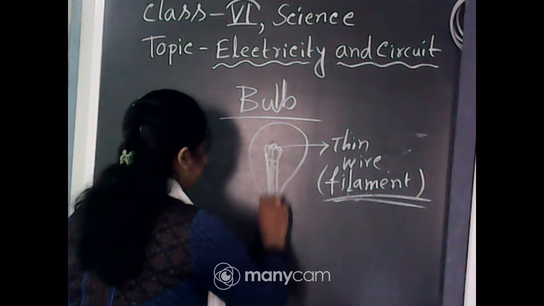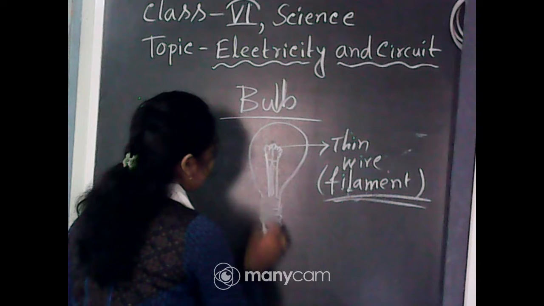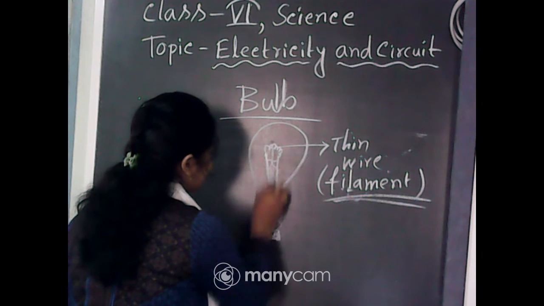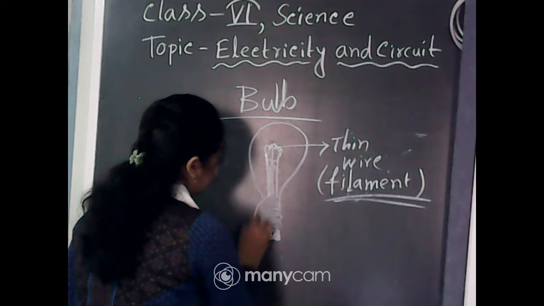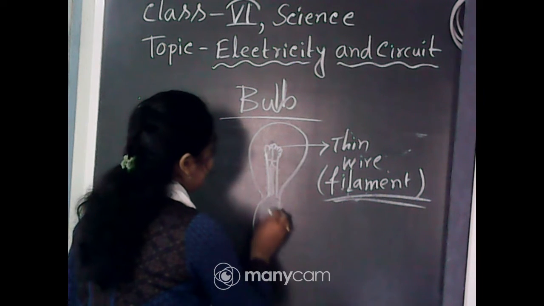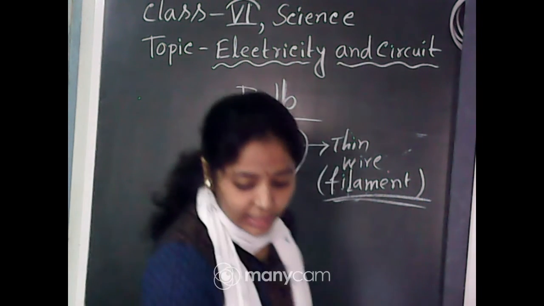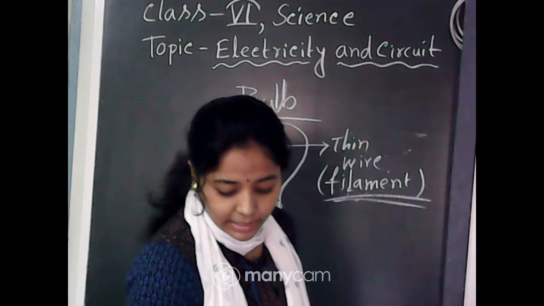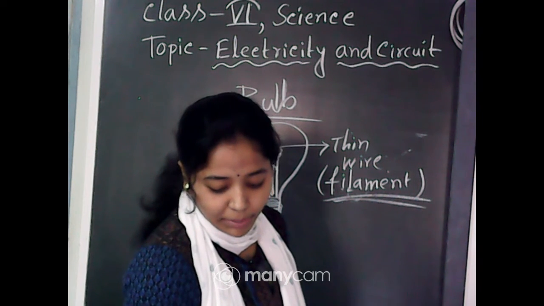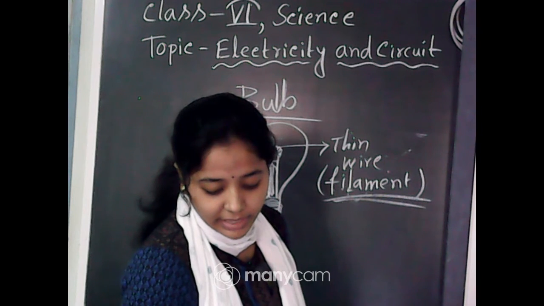Where is the base of the bulb? If this is the metal wire, it is connected with the base, and the other thick wire is connected to the metal tip at the center of the base.